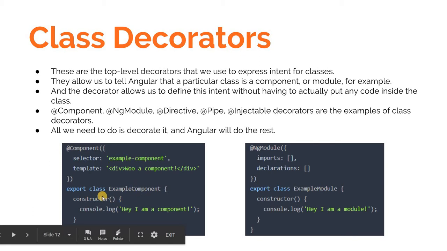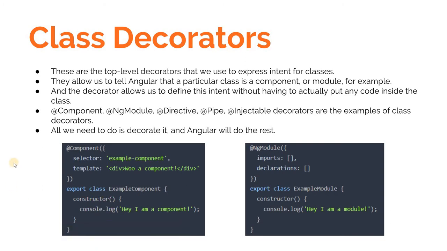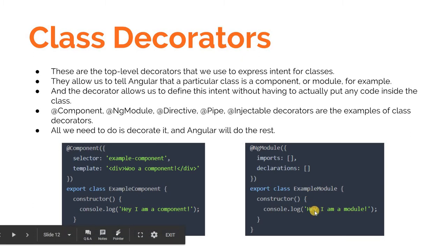If you have a look at the code in the ExampleComponent and the code in the ExampleModule, you'll see that the code is exactly the same. So we aren't making any change inside the classes to tell Angular that this particular class would be a component and this particular class would be a module.